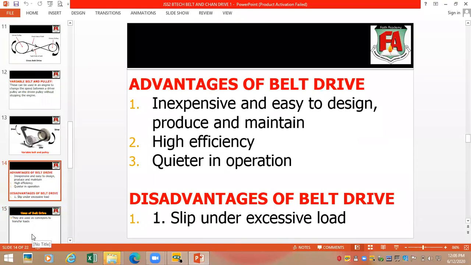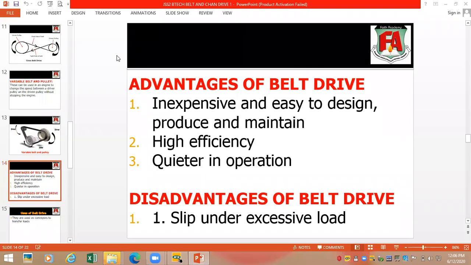The next is advantages of belt drive. What are the advantages of belt drive? Number 1, they are inexpensive to design, produce, and maintain.